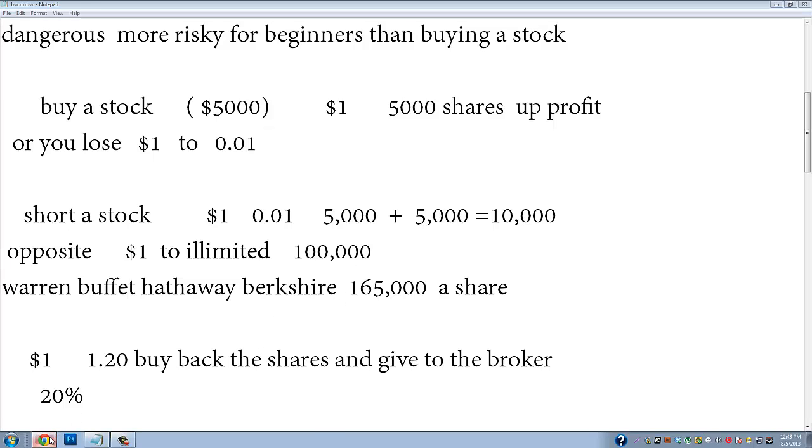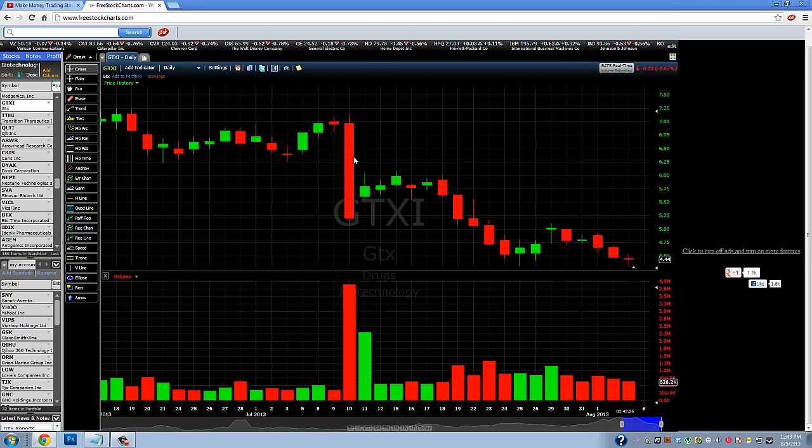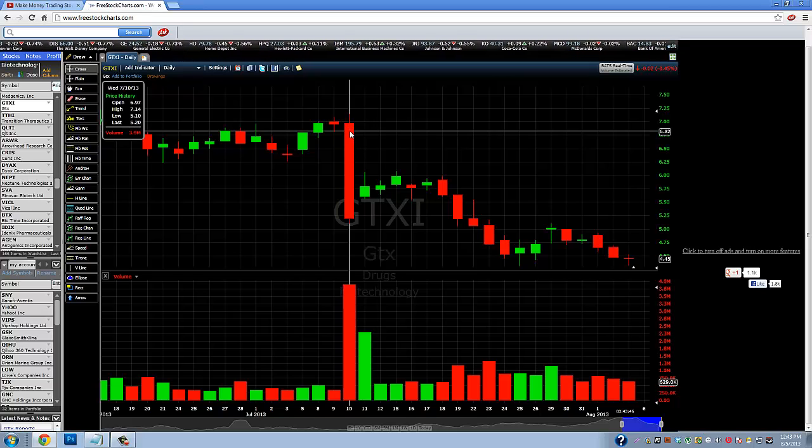Okay, let's go to the charts. Now see this very big red candlestick. It could be shorting, because some people who sell their shares and shorting stock go together, because you don't know which is which. So this stock opens at 6.97, and by the end of the day it becomes 5.20.